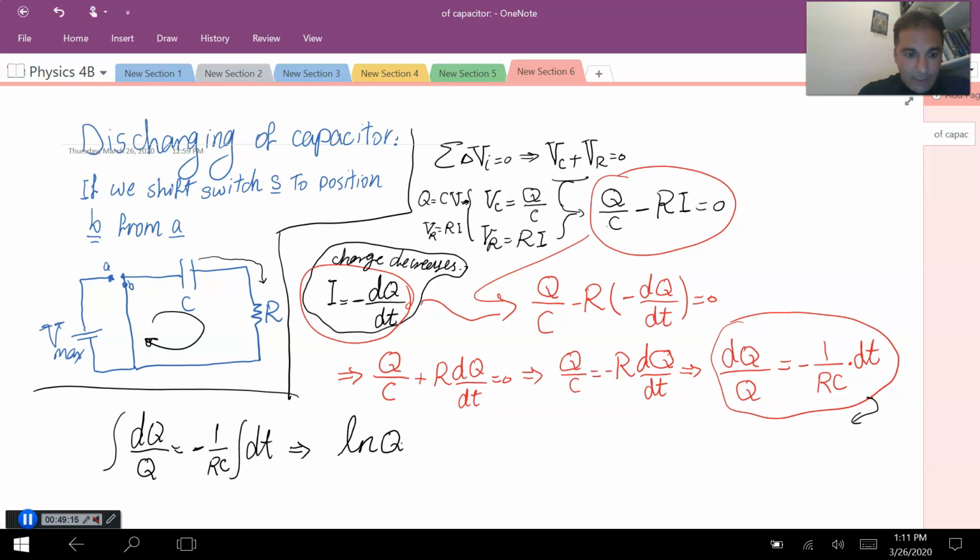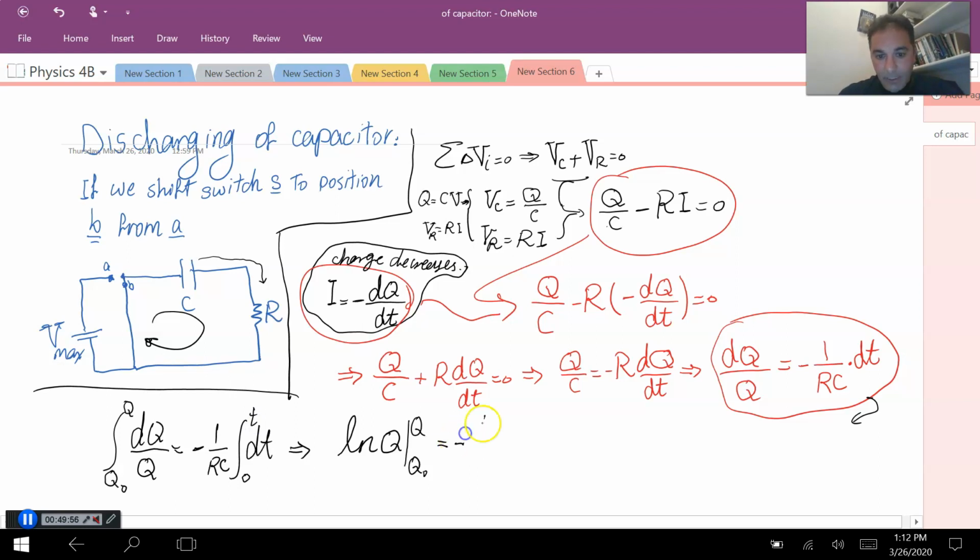So this was, I am discharging, so I started from Q naught, which is Q max, to Q. So that will be from Q naught to Q, so ln from Q naught to Q equals, and this time will be from 0 to T, correct?